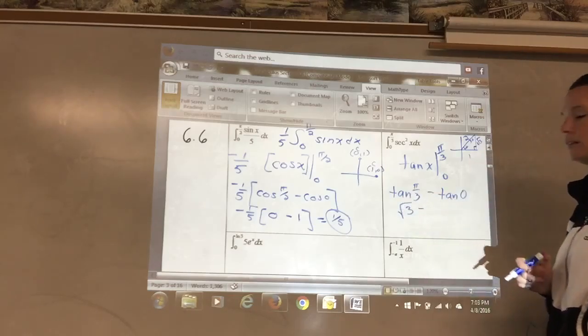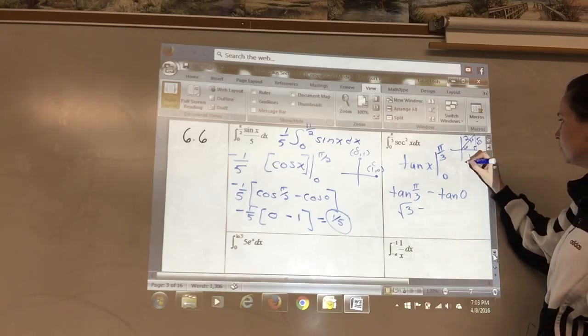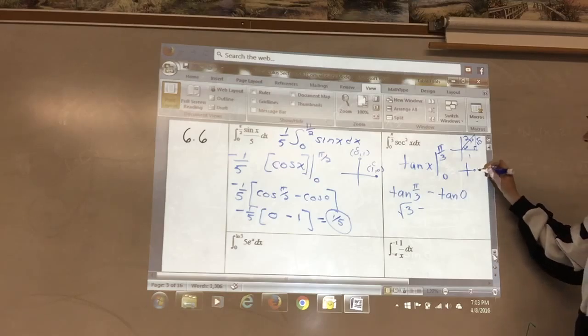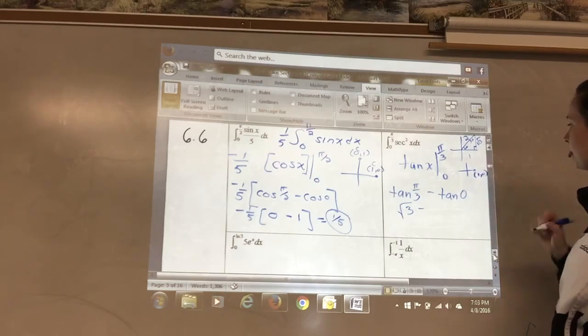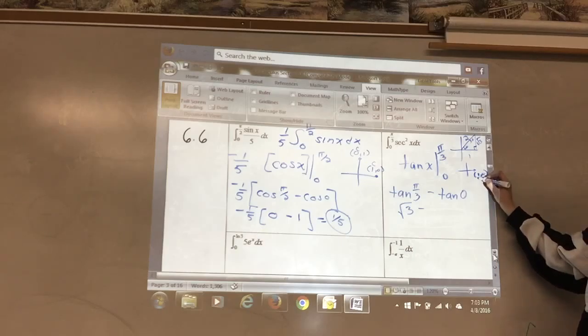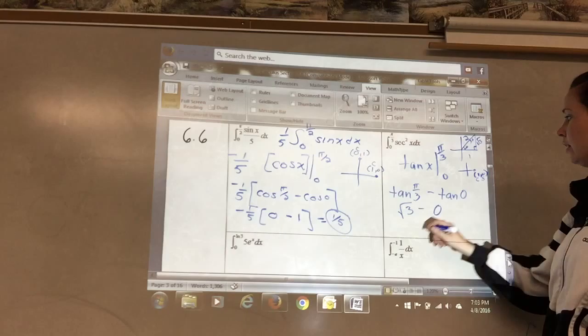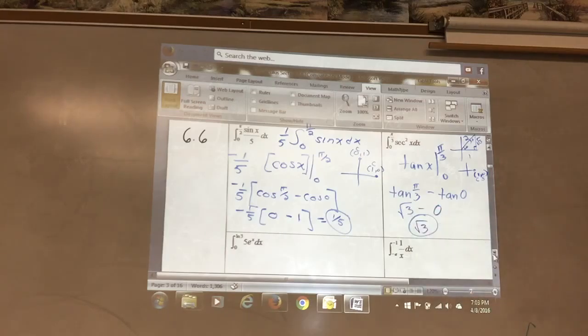You can tell I haven't been here in a while. Okay, the tangent of 0, now that's a quadrantal. So if you look at where 0 is, we have the ordered pair 1, 0. Okay, tangent is sine over cosine. So I'm getting 0 here, getting me my answer of the square root of 3.